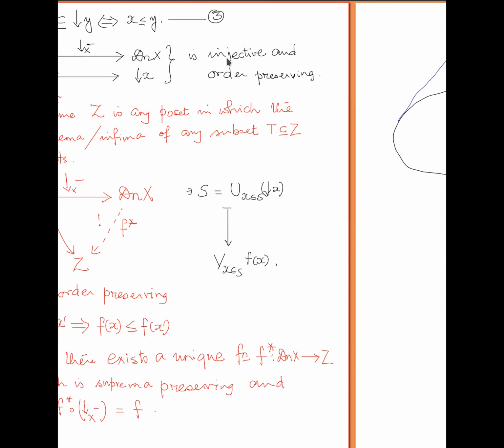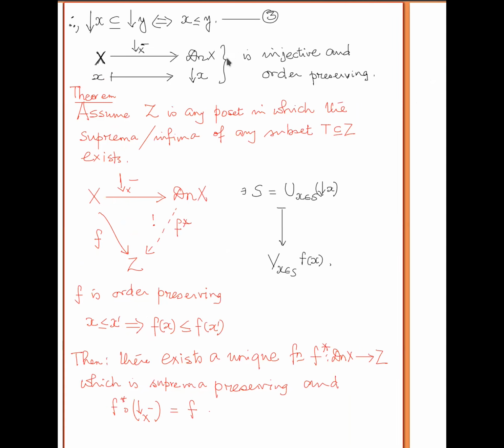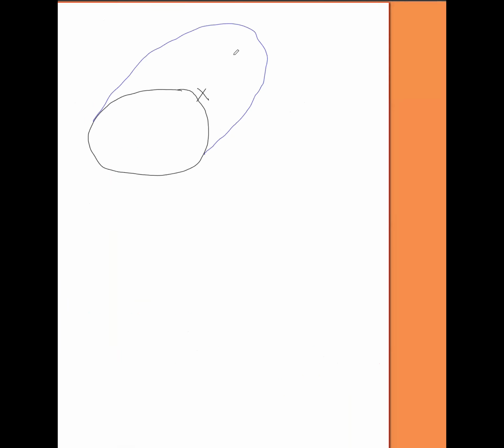The fact that it is injective means if you agree to identify x with its image in the downsets, then we can think of x as sitting inside this bigger poset. So we have extended this to this bigger poset.